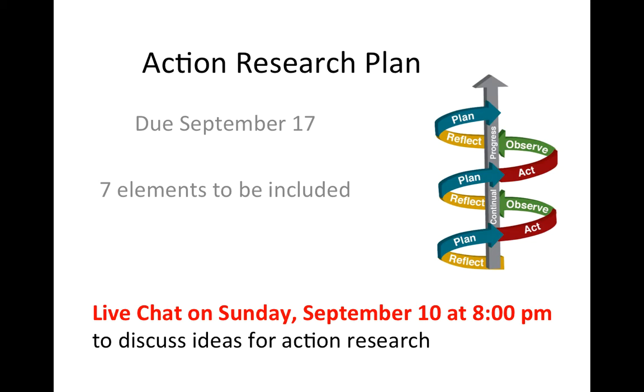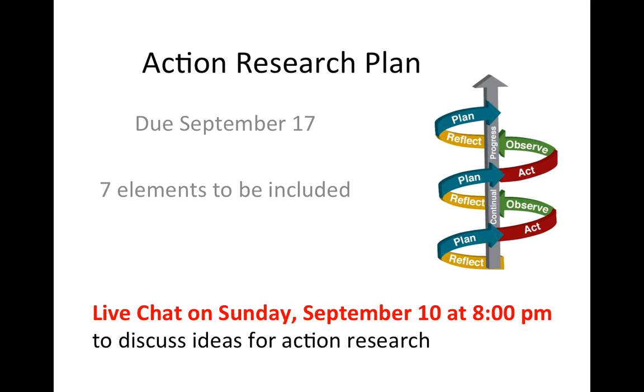There are things like your research question, your purpose for the action research study, who's going to be the participants in your study, and what you are actually going to do with them. What are you trying to find out? I've listed out in the description what those 7 elements are. So you will create your plan by describing those elements. I realize this is a working draft, but it's a good place to begin.